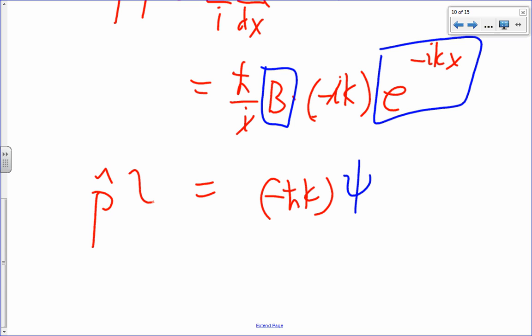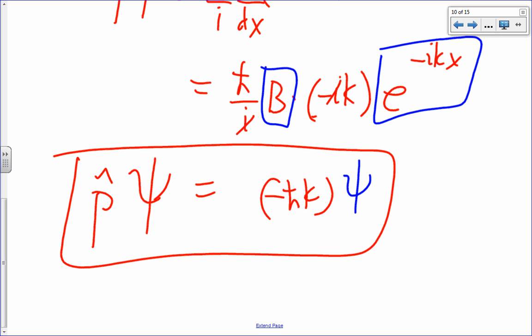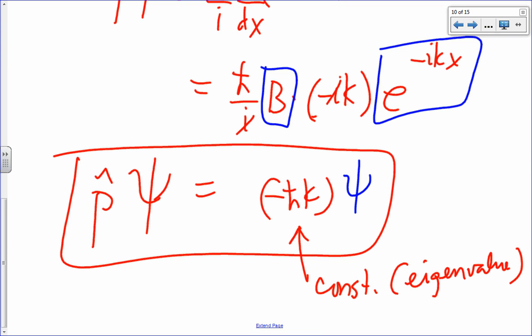So p hat psi gives you back a constant times psi. So what is this? That's a constant. So that's an eigenvalue, right? So we say psi in this case is an eigenfunction of the linear momentum operator. So it has a well-defined momentum. What's the momentum? The momentum is negative h bar k.